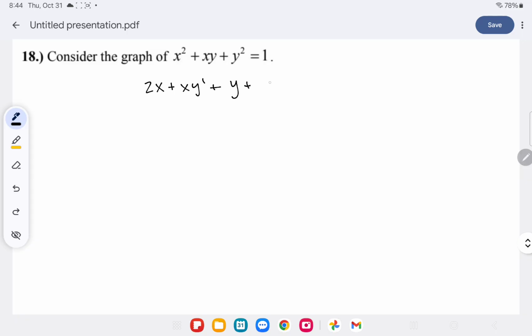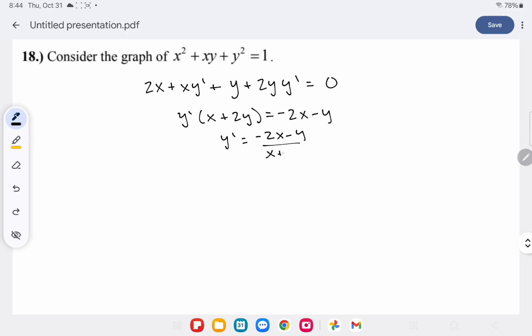Now I'm going to take the derivative of y squared and the derivative of 1. Group my y primes together. Move everything else to the other side. There's my first derivative.